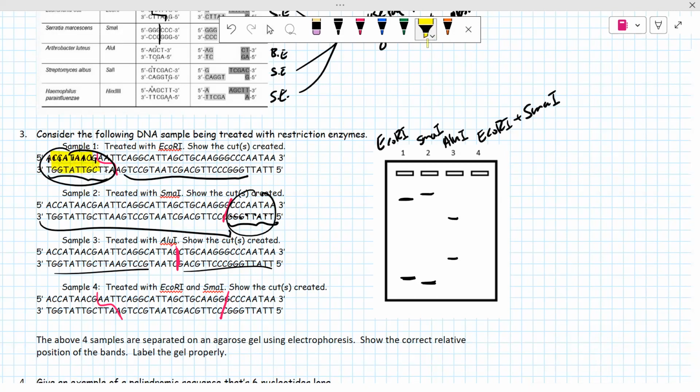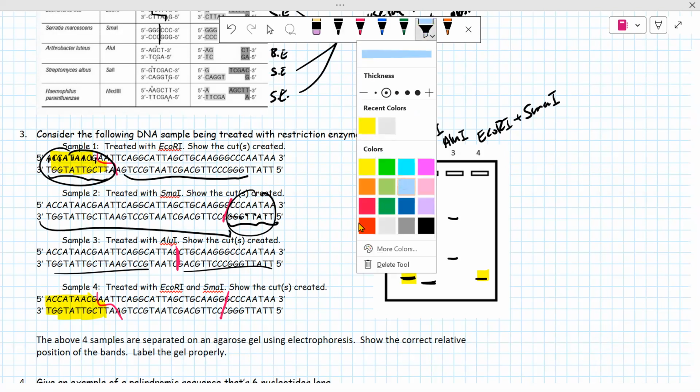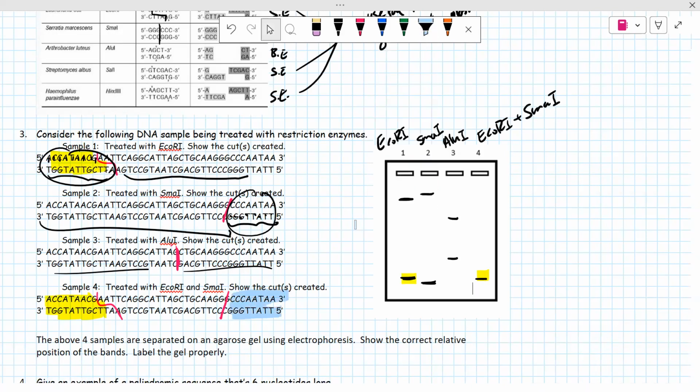So there is a fragment, and it's the same fragment here, right? So I would expect to have the same piece, using the EcoRI right there. And similarly, for the other side, this piece is going to be the same as that piece.